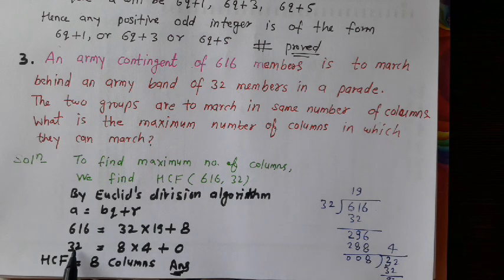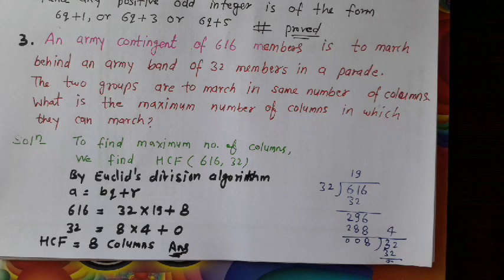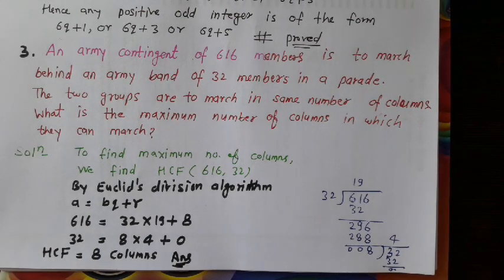Again 32 will be the dividend, divided by 8. The quotient will be 4, the remainder is 0. If the remainder is 0, then the HCF of 616 and 32 is 8, the divisor. So the maximum number of columns in which they can march is 8.